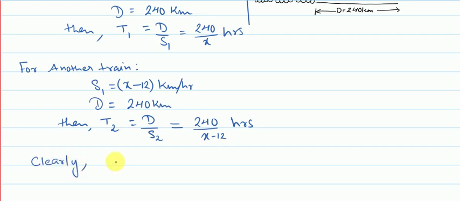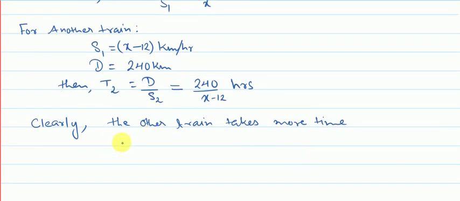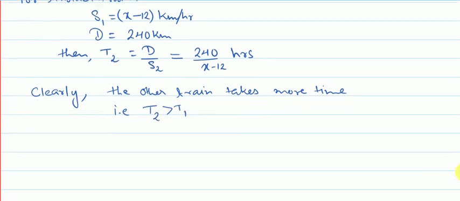Clearly the other train takes more time. So I am saying that t2 is greater than t1. How much greater? According to the question, t2 minus t1 is 1 hour.